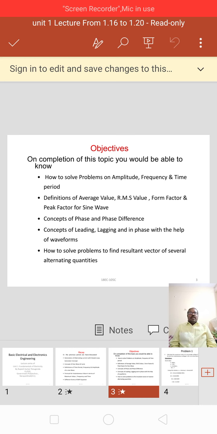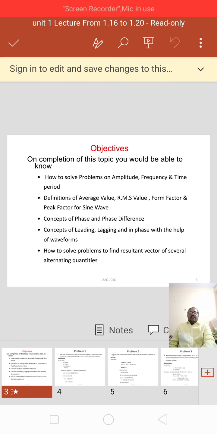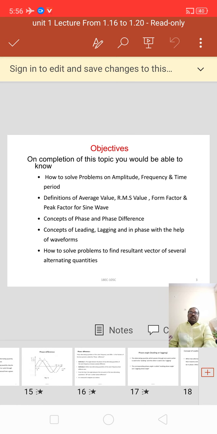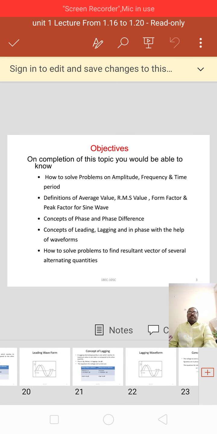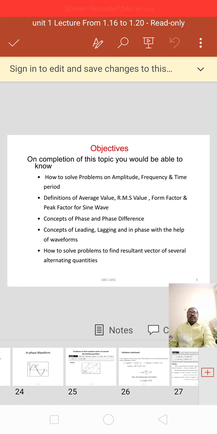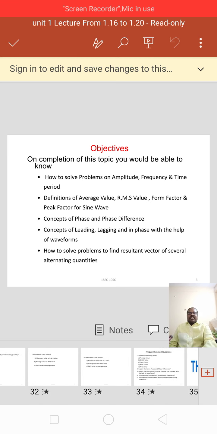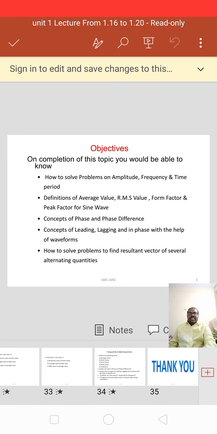Today's class covered amplitude, frequency, time period problems, then average value, RMS value, form factor and peak factor. Please do the problems regarding time period, amplitude and frequency as well as the resultant vector of several alternating quantities.